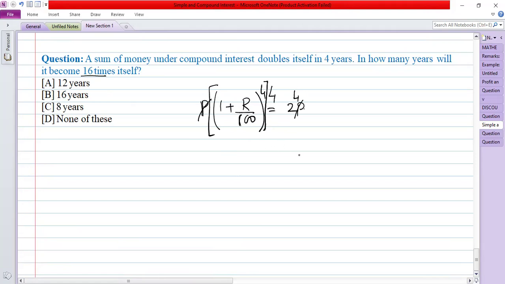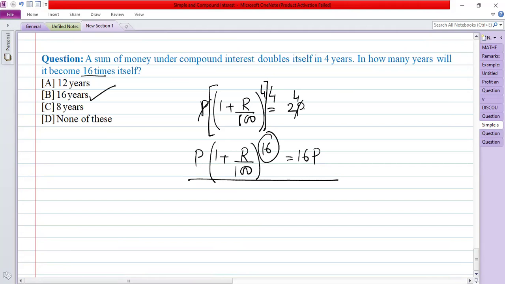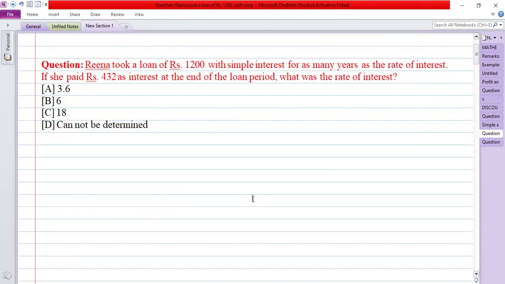So now it will give me 16, and this side it will be 1 plus r by 100 whole to the power 16, and now I can multiply both sides by P. So obviously in 16 years, the initial amount P will become 16 times of itself.